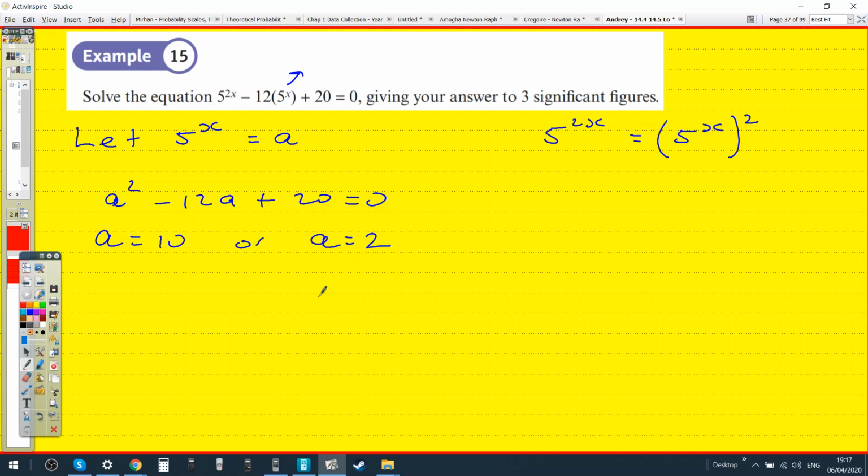It says giving your answer, so I'm guessing it'll be one of those two. We weren't asked to find a. You'll have to find x. Yep. So if a is equal to 5 to the power of x, does that mean that I would do 10 equals 5 to the power of x? Yeah.